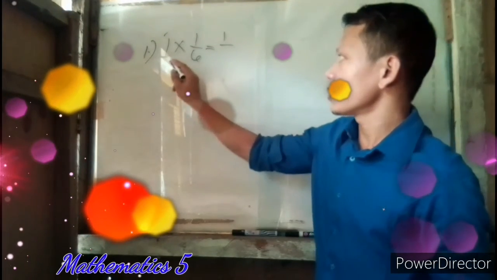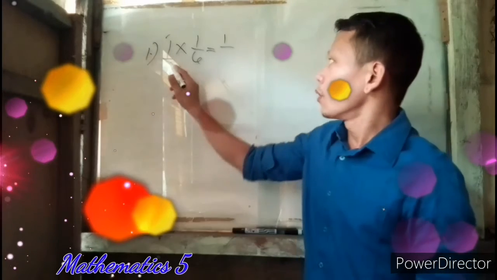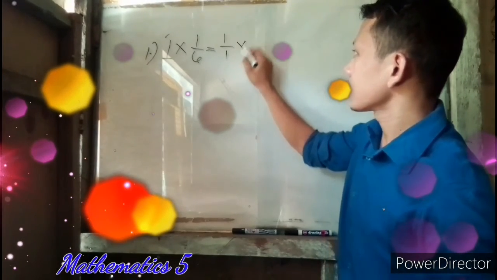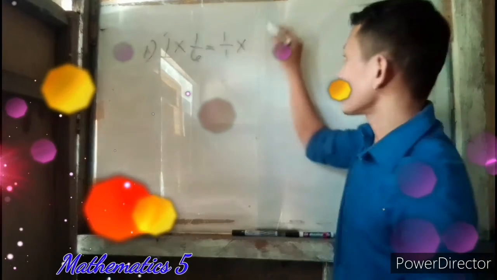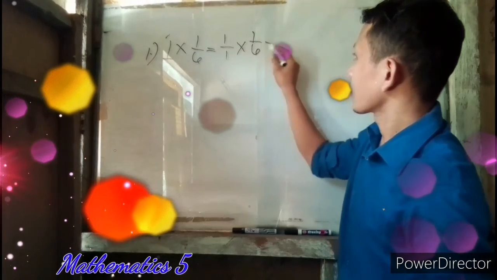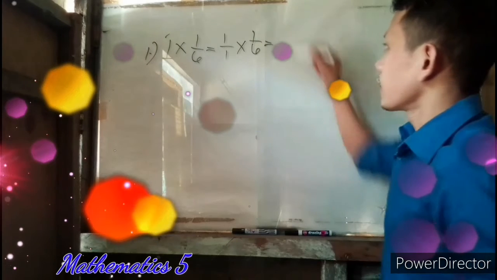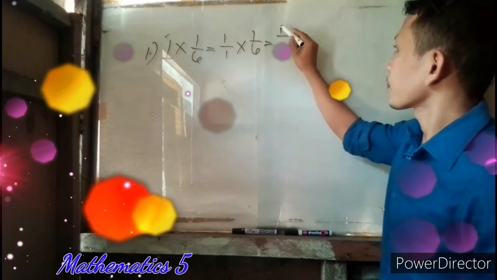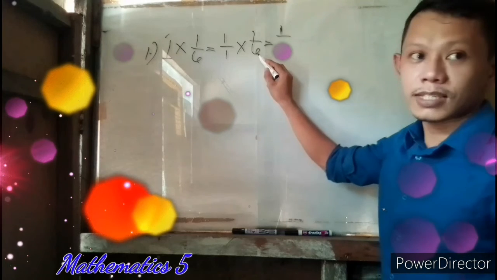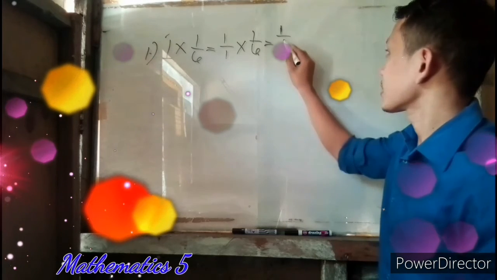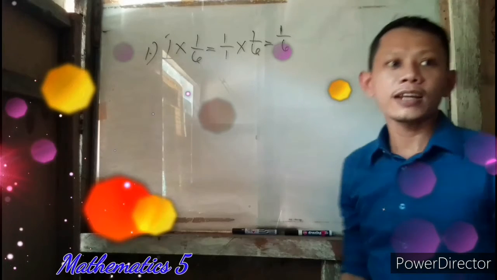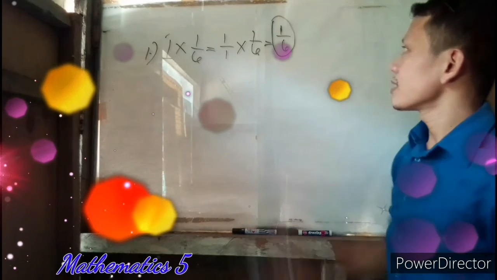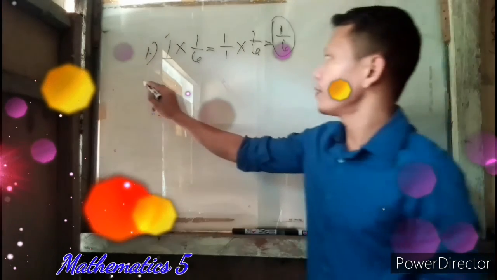Since 1 is a whole number, we're going to put 1 as the denominator. 1 times 1/6. 1 times 1 is equal to 1. 1 times 6 is equal to 6. Now, is this our final answer? Yes, so this is our final answer, 1/6.